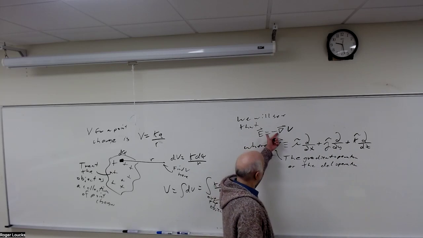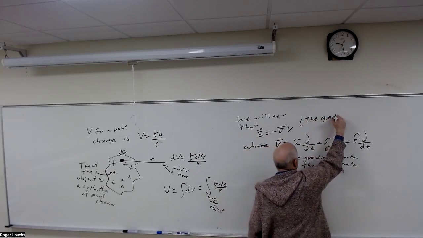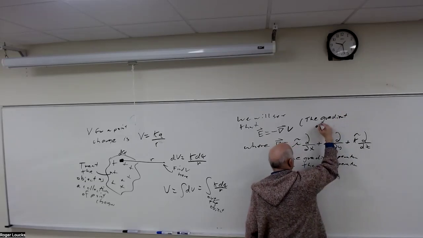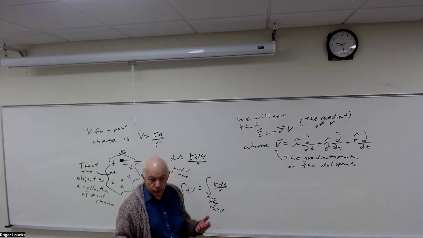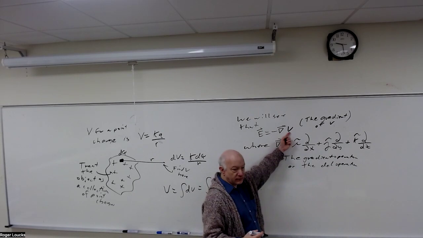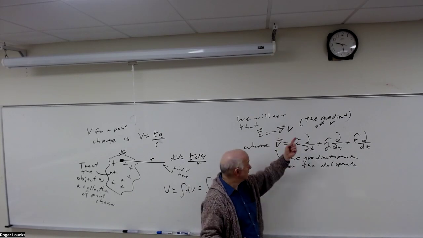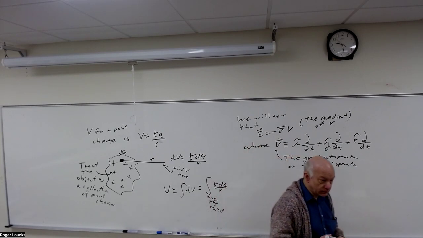And the way you would refer to this, you would call this the gradient of V. That's how you would word that. What I want to do is actually prove how that works. What's nice about this is it's usually going to be fairly easy to find V, or easier to find V. And then you can just take the negative gradient and Shazam, you got yourself an electric field.